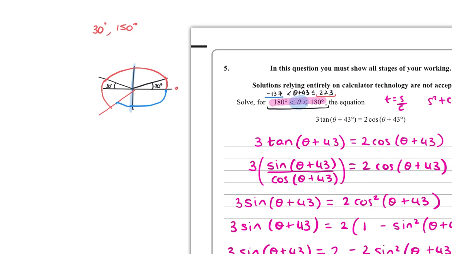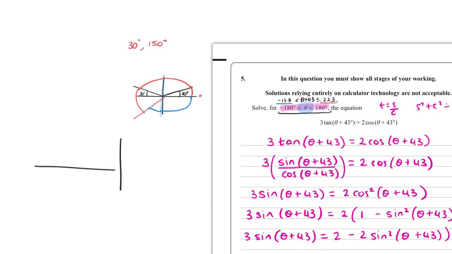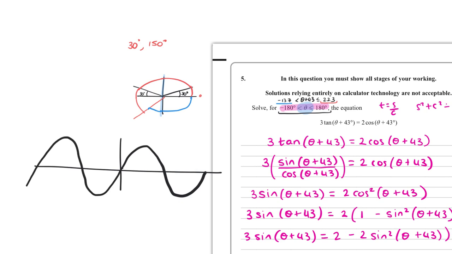Now, if you haven't learned CAST in Pure 2, let's just see what this looks like in terms of the graph. So you know sine looks like this. What we want to know is 30 degrees is a half, which is here. So we can see we have two solutions and two more here. However, this is just the sine graph, right? This is a shift.